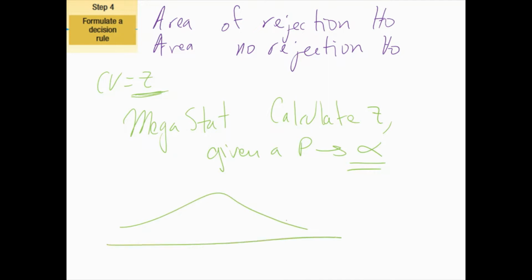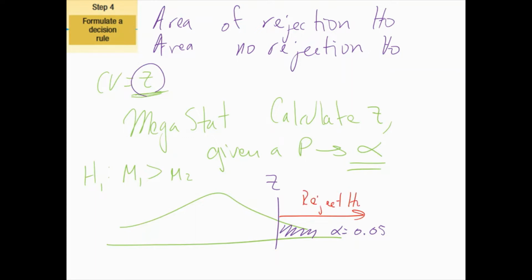Let's assume we're looking at a sample in which we're testing mean 1 more than mean 2. So more than is the upper tail. Let's assume that alpha is equal to 5%, 0.05. For a more than, which is an upper tail, let's get the Z value that will separate these 2 areas. The alpha here will be the area where you're going to reject H0.